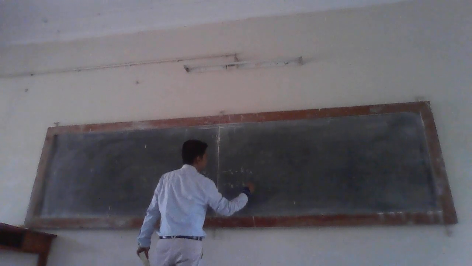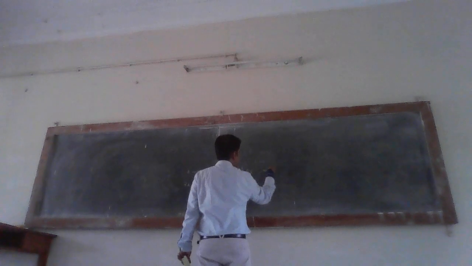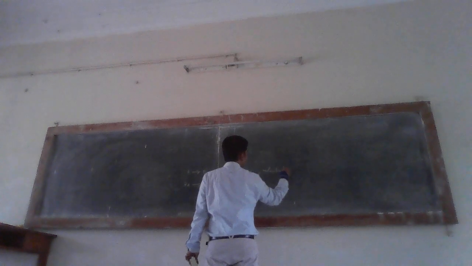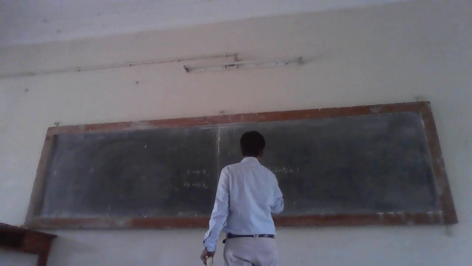Let us say A gives rise to B, minus Ra is equal to K times Ca. 2A gives rise to B, minus Ra is equal to K times Ca square. Just writing the rate expression. Now what is the molecularity here? Molecularity 1. Very good.